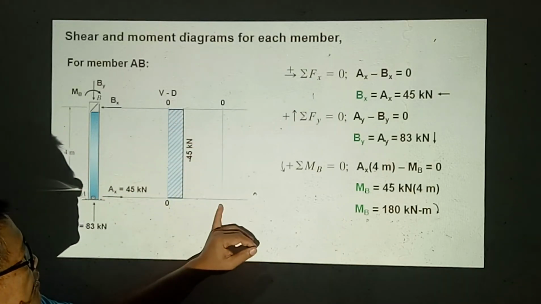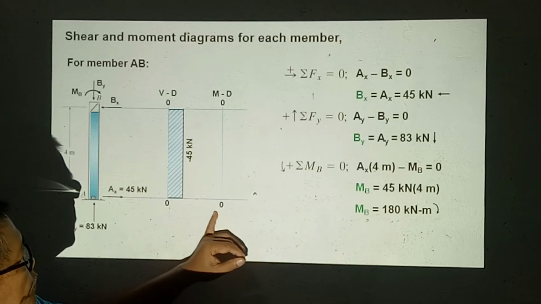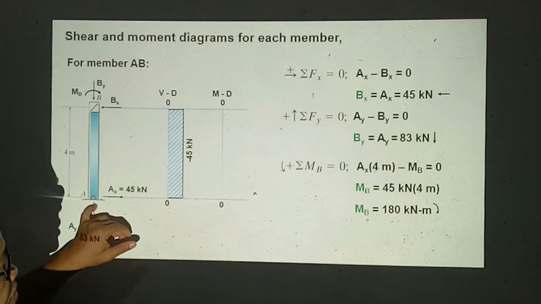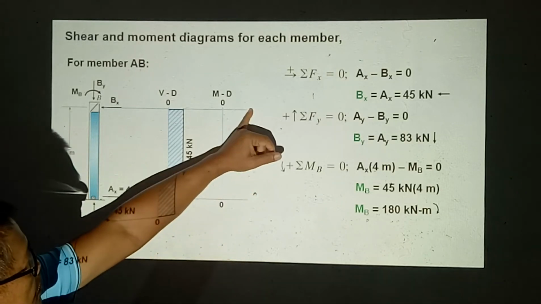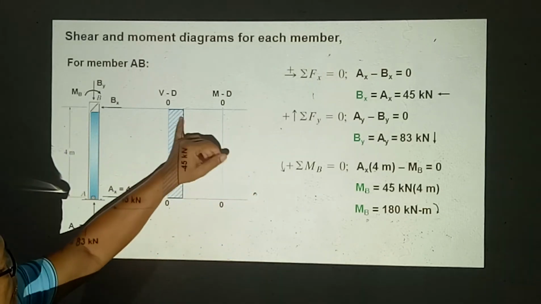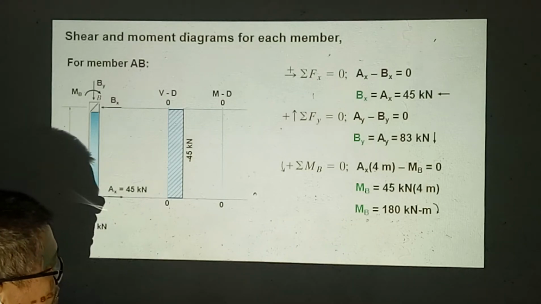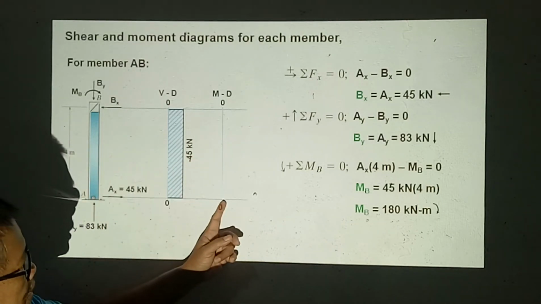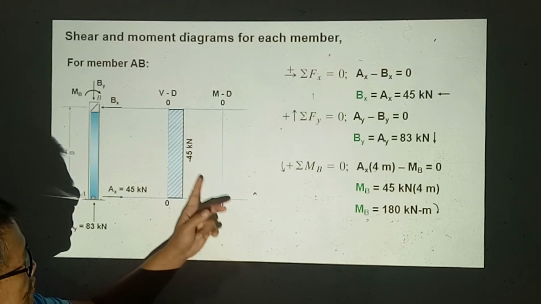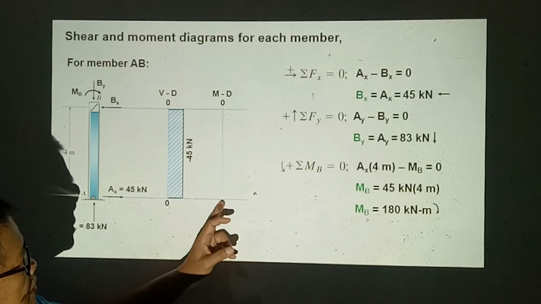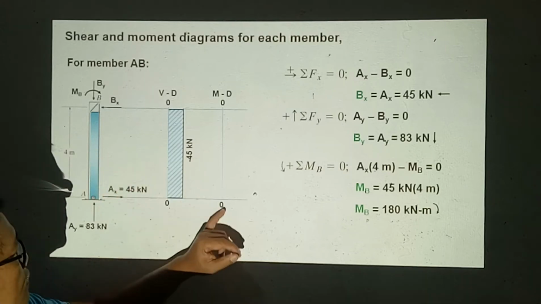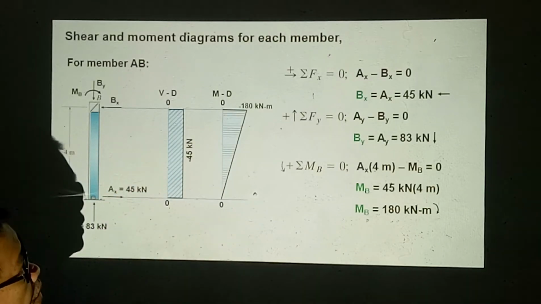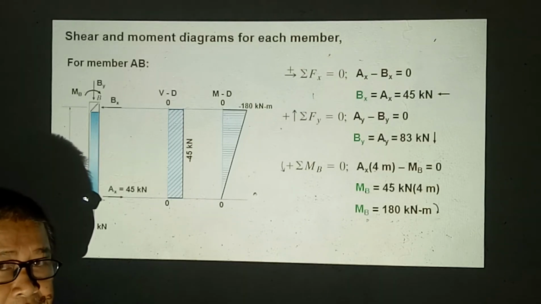For the moment diagram, from this point there is no moment because moment is 0. So moment at B should be the area of the shear diagram between A and B. So 45 kilonewtons times 4 meters will be added to the moment here. But this is negative, so 0 plus negative 45 times 4, and we have a moment here which is negative 180 kilonewton meters.